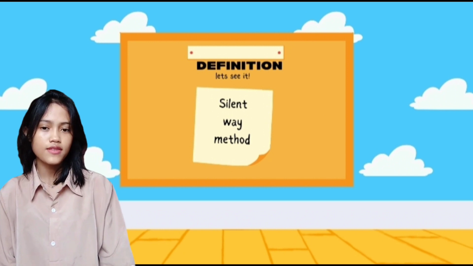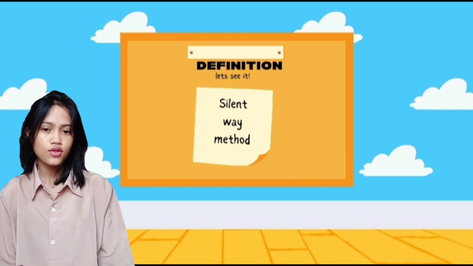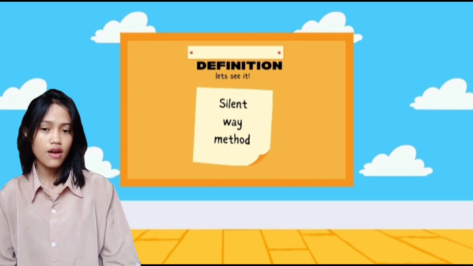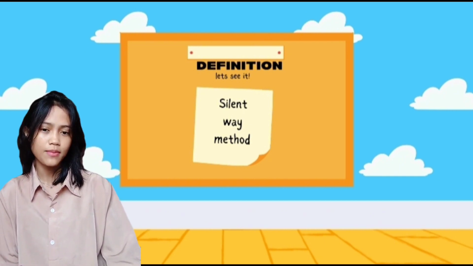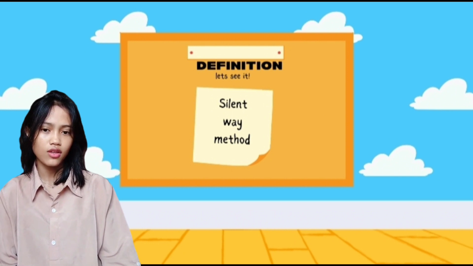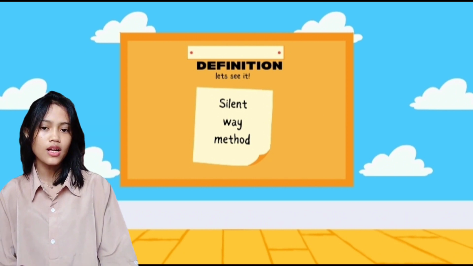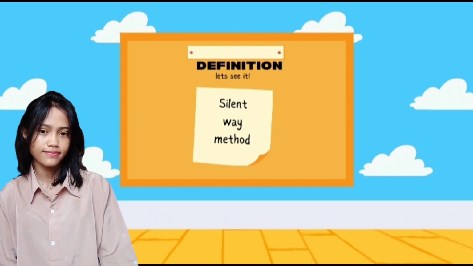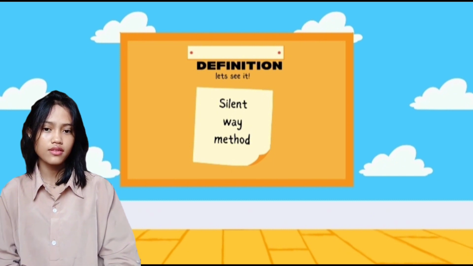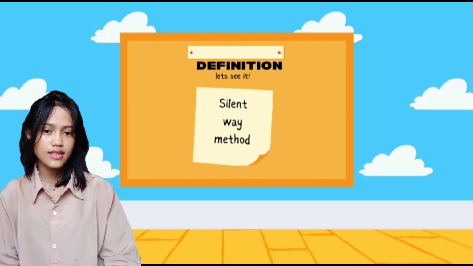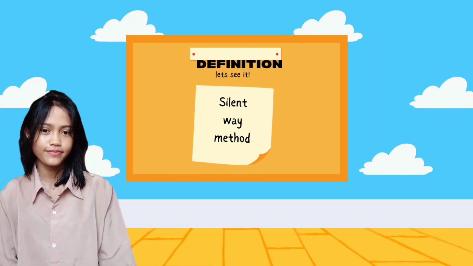The importance of silence lies in the student's involvement in discovering language rules on their own. With the teacher providing minimal guidance, this method emphasizes intuitive understanding of language concepts and principles through student exploration, in the act of developing in-depth understanding of language structure.